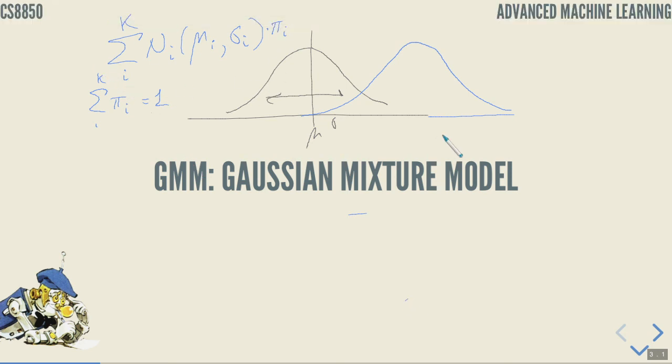For a uniform probability of either left or right, we'll just scale them down by half, multiply by half each of them, and then sum, and we'll get a new distribution. This distribution is called Gaussian mixture model.